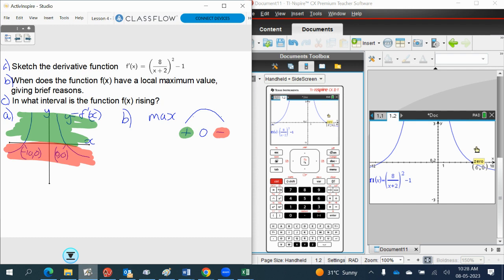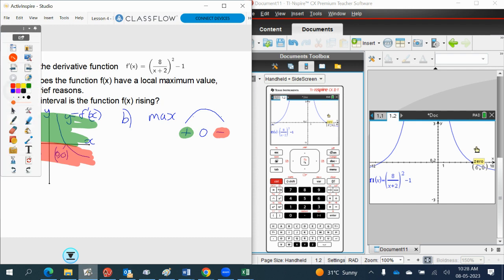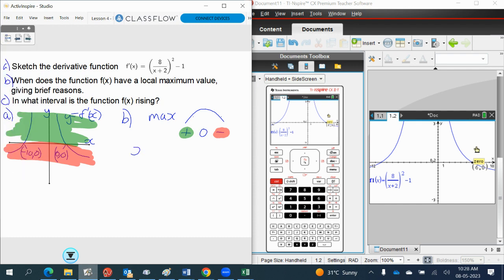At 6. So at x equals 6, we have a local maximum.